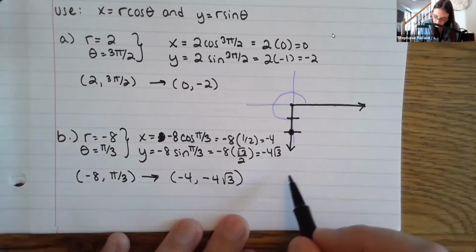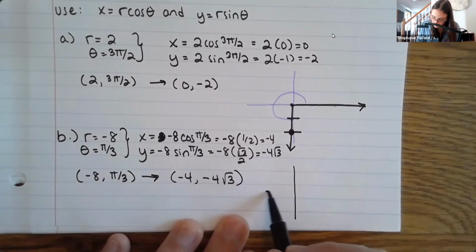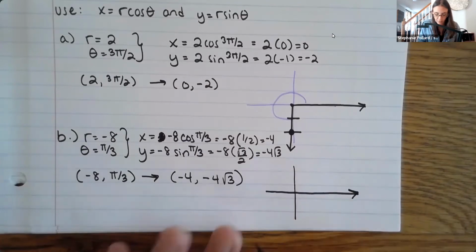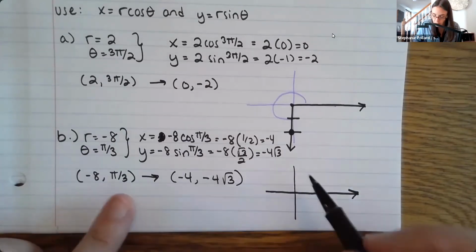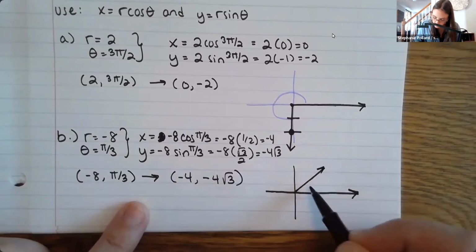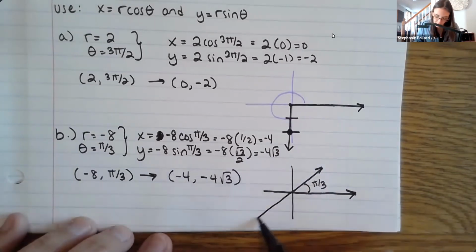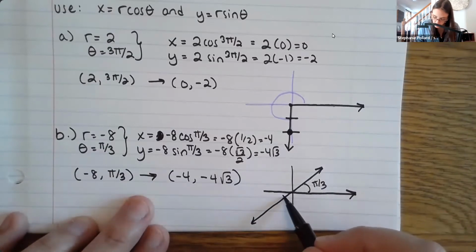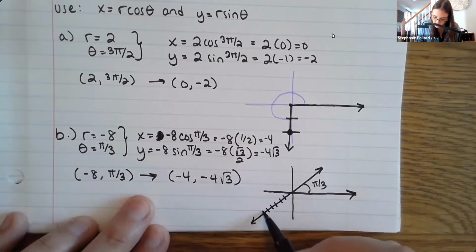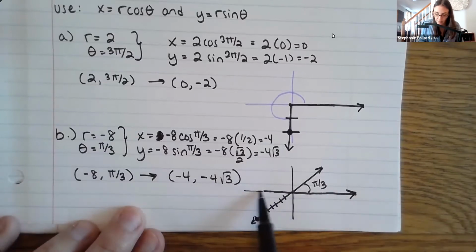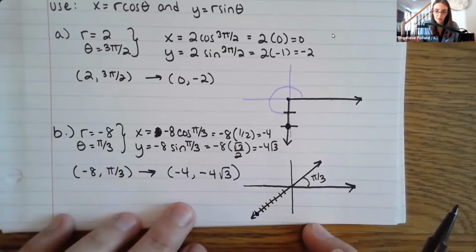Again, not to draw every single one because I'm not going to. If we think about this, so pi over 3 is about like right here. Now it's negative 8 though, so you're going on the opposite side and we're going out 8 units. 1, 2, 3, 4, 5, 6, 7, 8. So there's that point. And what happens is that matches up with the point negative 4, negative 4 root 3.